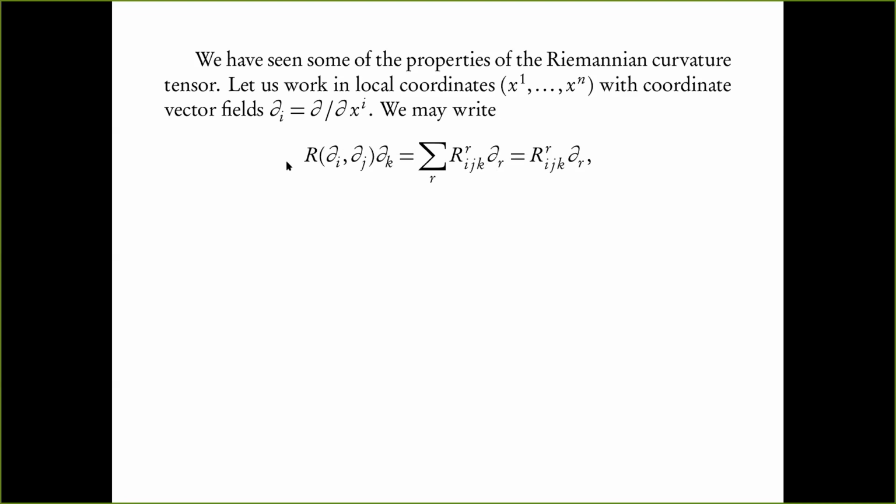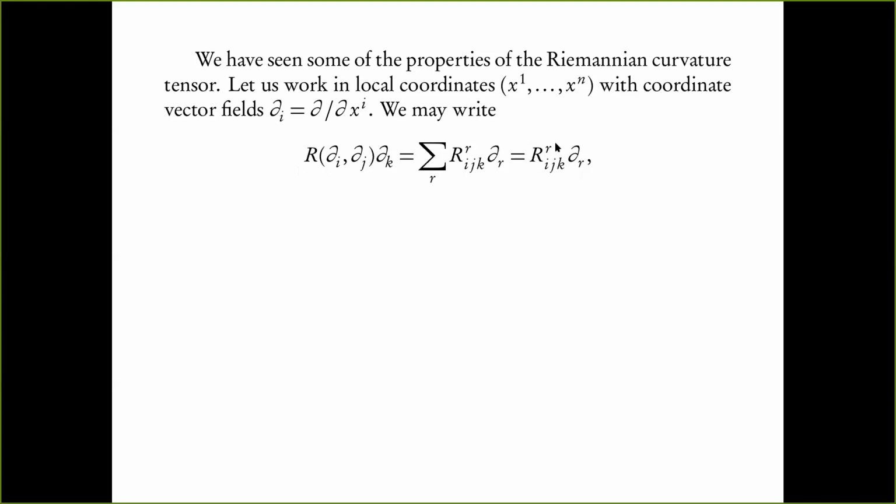Okay, so I can express this left-hand side, R of del i, del j acting on del k, as some coefficients times del r, where I've written this summation just for once so that it's clear that we're summing over r. And this right-hand side expression, as you can see, uses the Einstein summation convention. So the summation does not appear, but it means that if r appears both as a subscript and a superscript, then you sum over that. So this is implicitly a sum over r, okay?